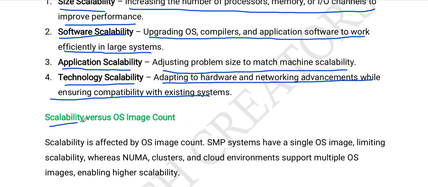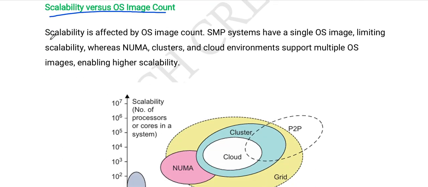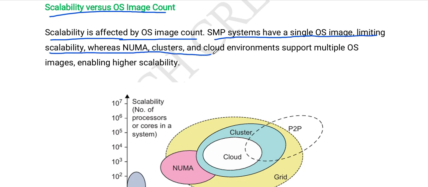Next is scalability versus operating system image count. Scalability is affected by operating system image count. SMP systems have a single OS image limiting scalability, whereas NUMA clusters and cloud environments support multiple OS images, enabling higher scalability.